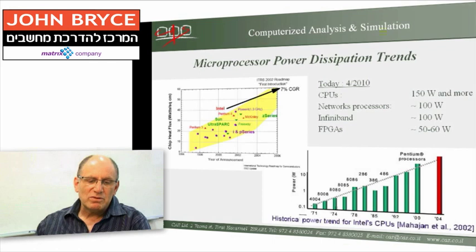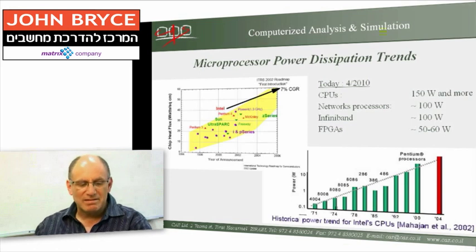The network processors are more than 100 watts. The InfiniBand processors are about 100 watts. And the FPGAs are 50 to 60 watts. Those powers in electronic cards give about 200 to 300 watts per electronic card in the current systems.